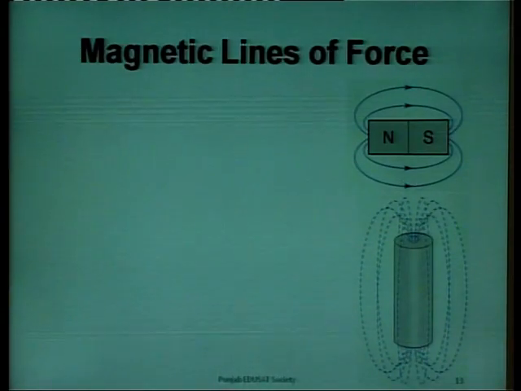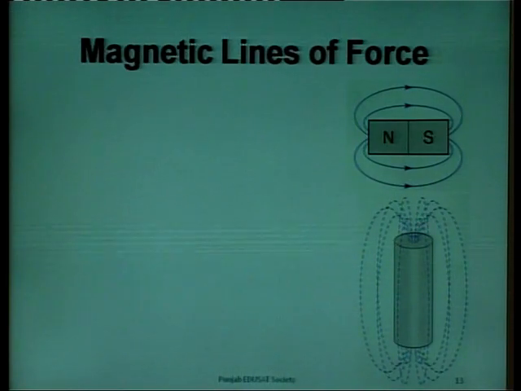Then we have the magnetic lines of force. As we know, a magnet has 2 poles, north and south, and the magnetic lines of force travel from north to south.